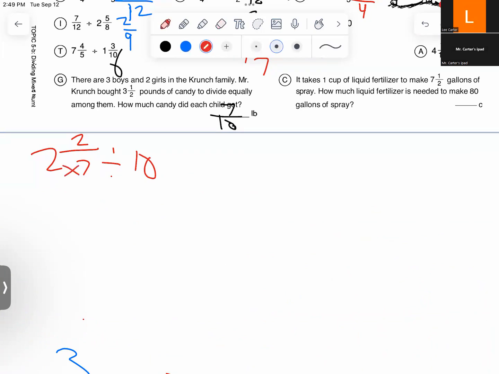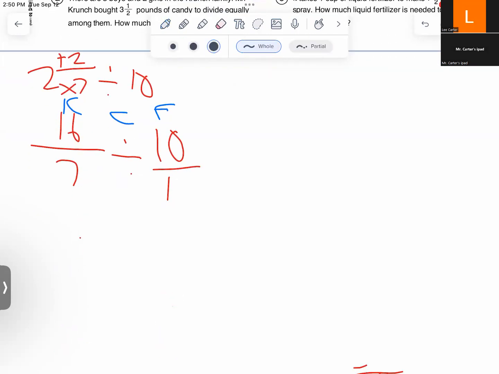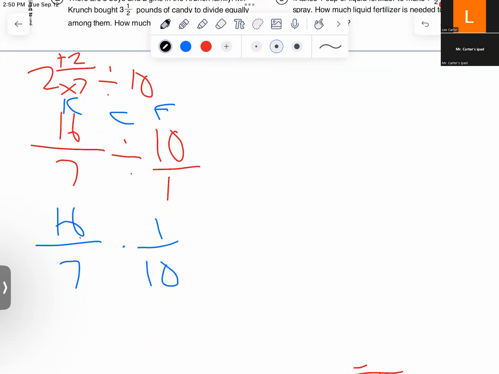So we have 2 times 7 is 14 plus 2 is 16 over 7 divided by 10. Put a 1 under it. Okay, now we're ready to keep, change, flip. We are going to keep 16 over 7. We're going to change to multiplication. We're going to flip to 1/10. We can divide 10 and 16 both by 2.